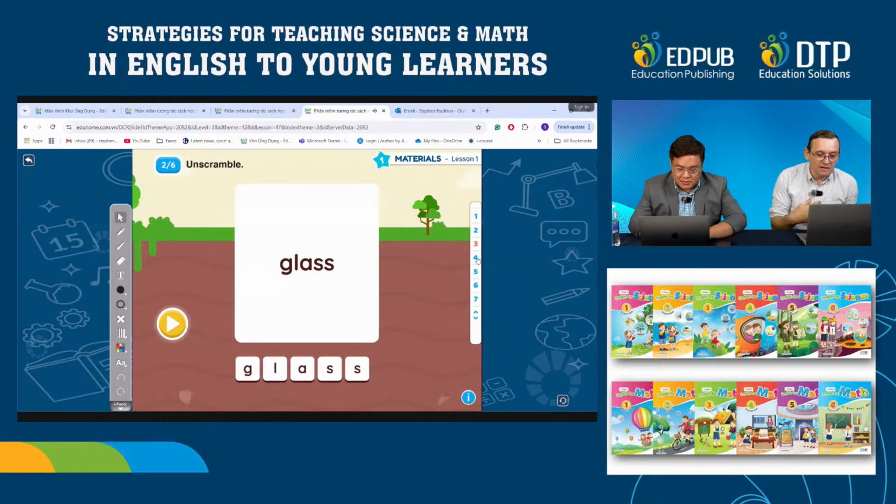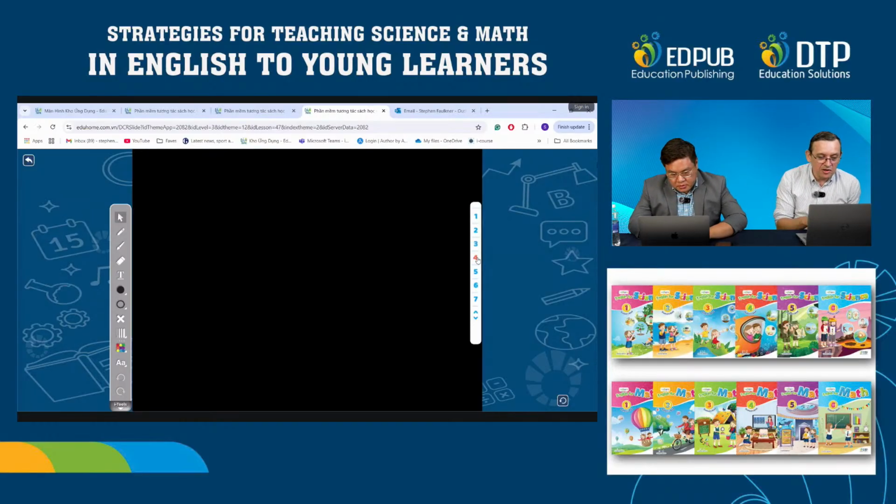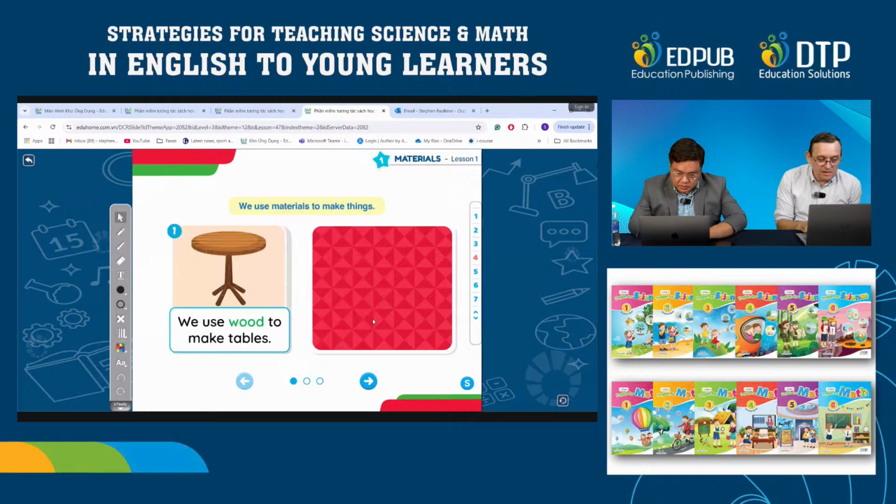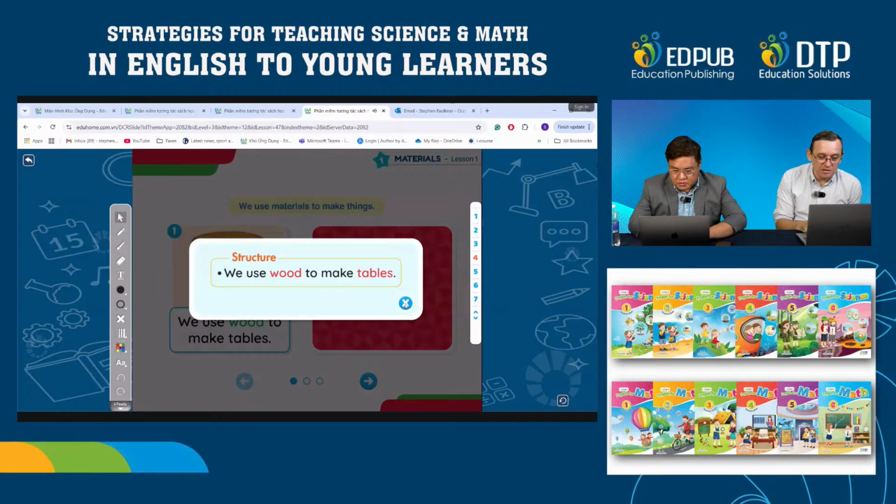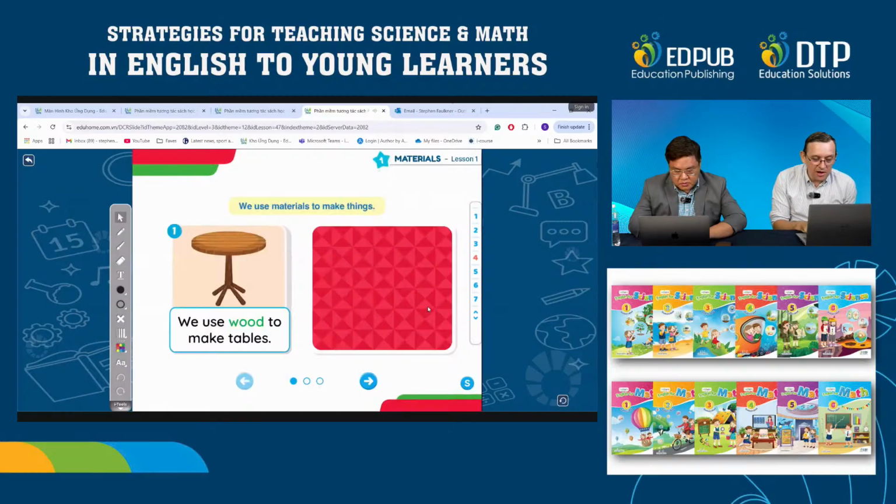So after the vocab, we have the language structure. So you can see here, we use wood to make tables. Okay, we've also got a very basic structure box. So we go through, we introduce the language for the lesson. This is from the book.